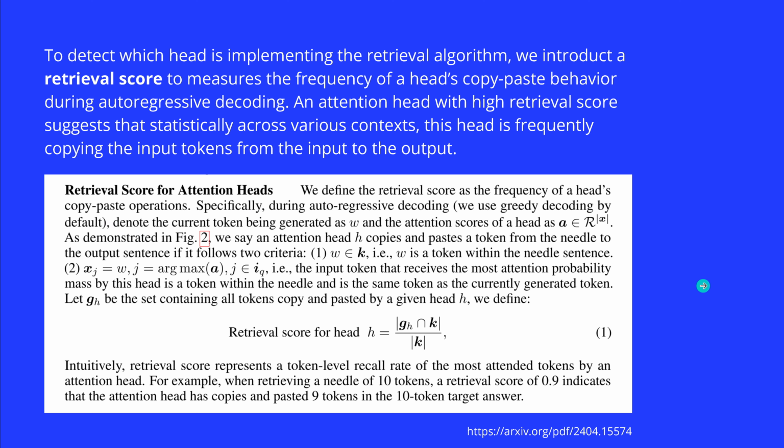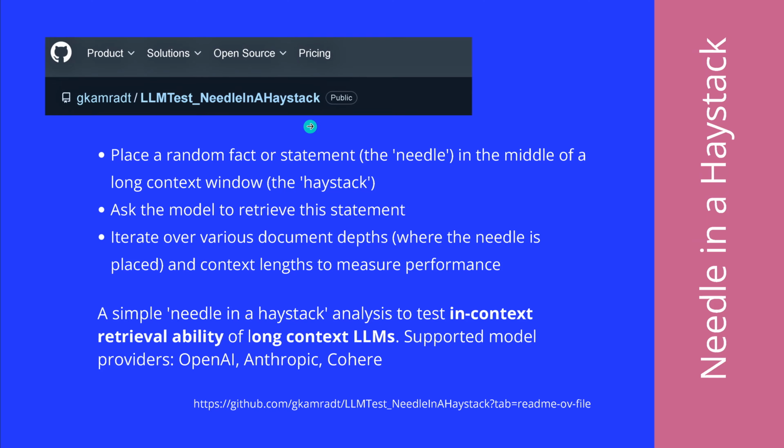Now, I haven't explained needle in a haystack, so give me a second for this. We have on GitHub, free for you, the LLM test needle in a haystack. And what is it? It places a random fact or a statement, which we call the needle, in the middle of a long context window. This is the haystack. And then we ask the LLM to retrieve this particular statement, our needle.